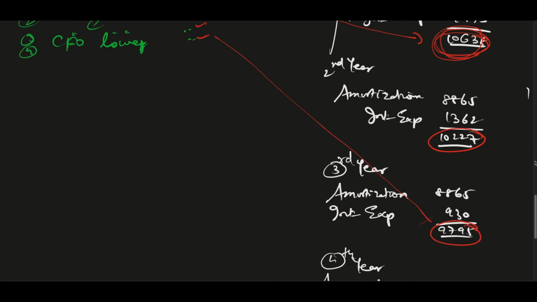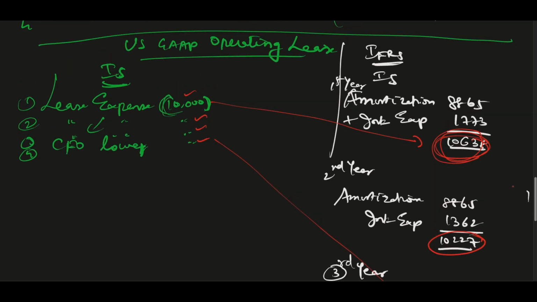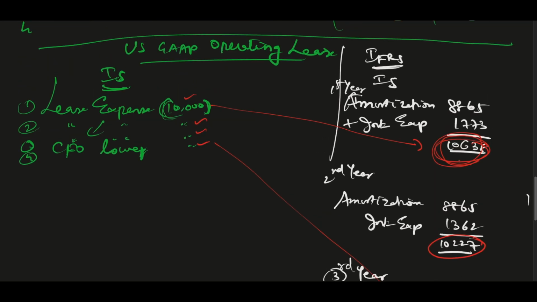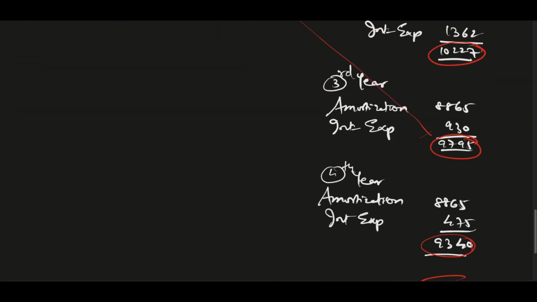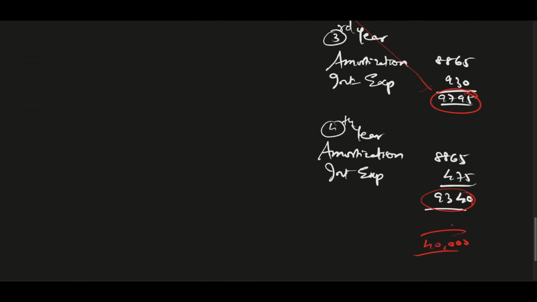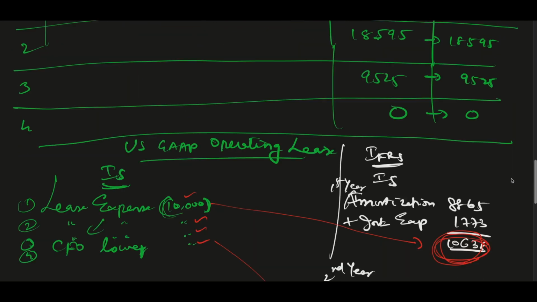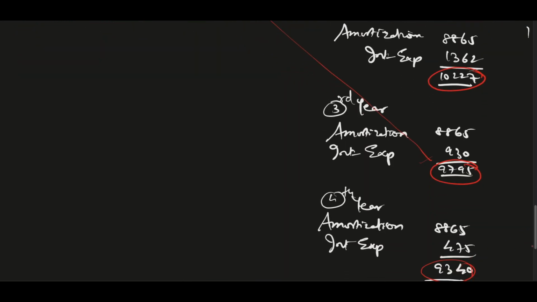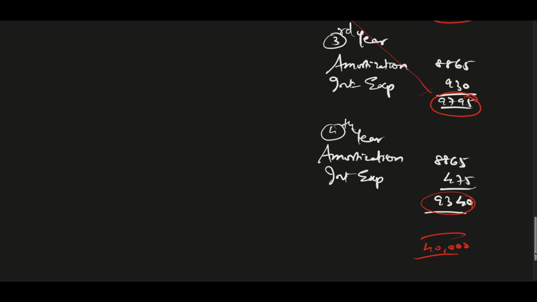That's the takeaway point under IFRS. Whereas the total is the same, 40,000 only.